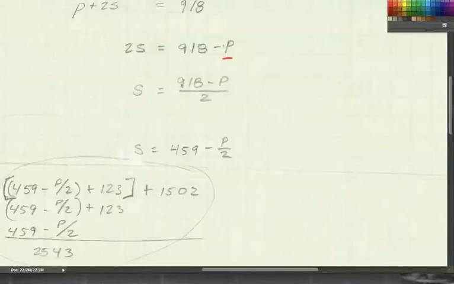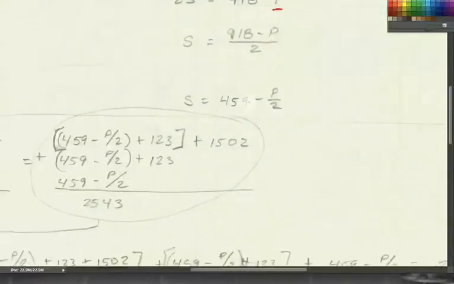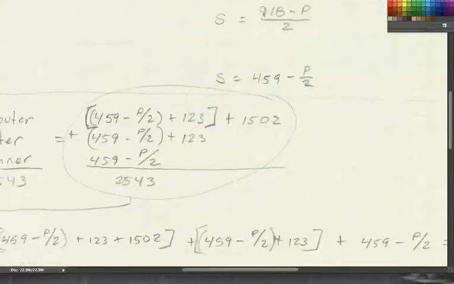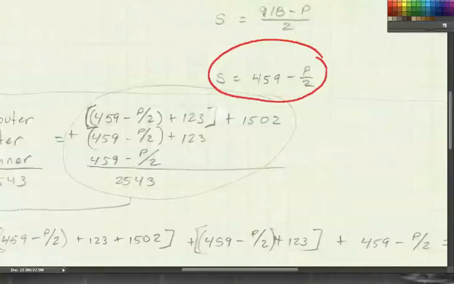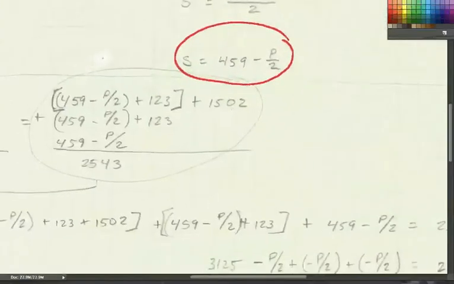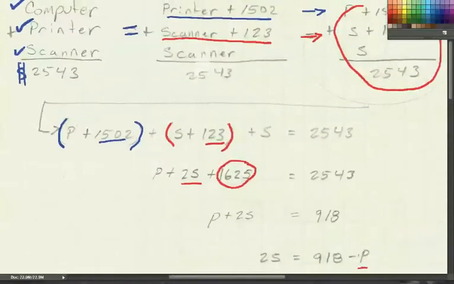And then I go ahead and try to reduce my fractions. Now that I know what the scanner is, I take all that information and start plugging it into up here. I need to start solving for the printer, because in order to get the computer I have to solve for the printer.